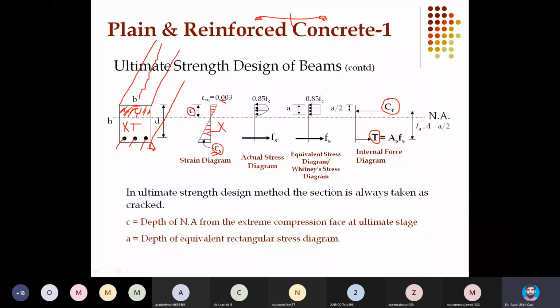So we are more interested in knowing the strain magnitude at the level of the steel layer and the extreme fiber compression strain, and corresponding to them, where is the neutral axis C.